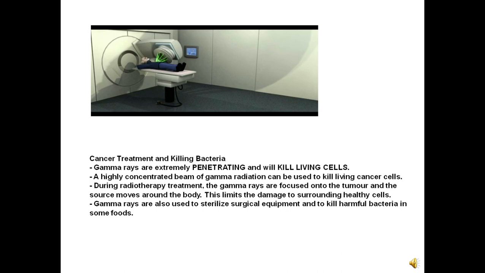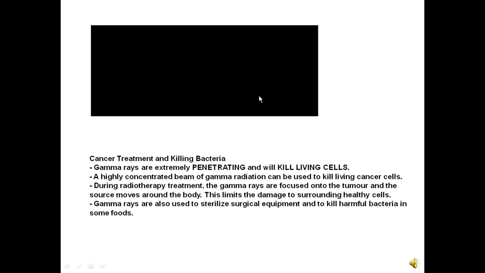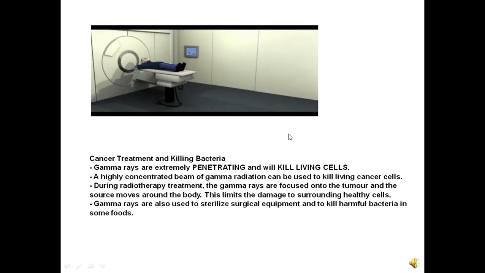Uses then. As I've said before, uses are largely gamma sources. Most of the things that we do with radioisotopes involve gamma sources. Not all of them, and you'll see one use here that doesn't, but here medically we use gamma.